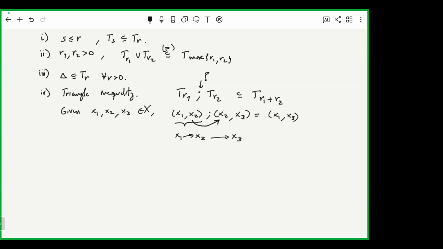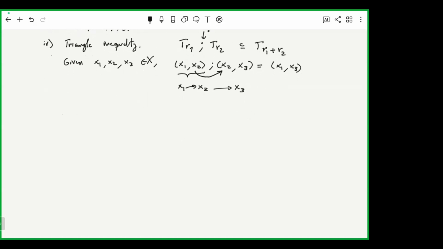Now this composition is the pointwise composition. So this is the set of points x1, x3, such that there exists some middle point x2 for which the distance from x1 to x2 is at most r1, and the distance from x2 to x3 is at most r2.